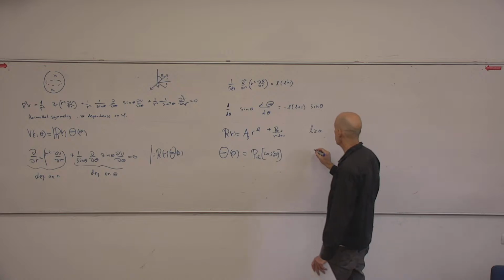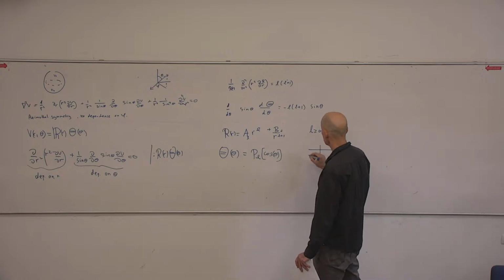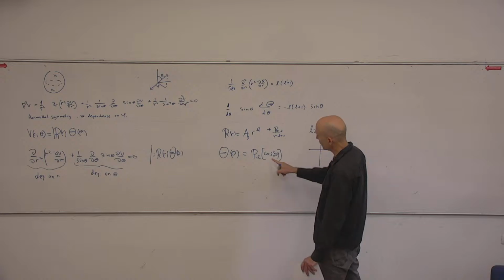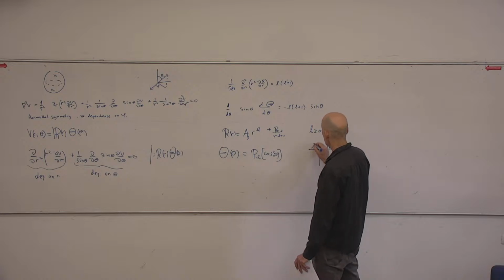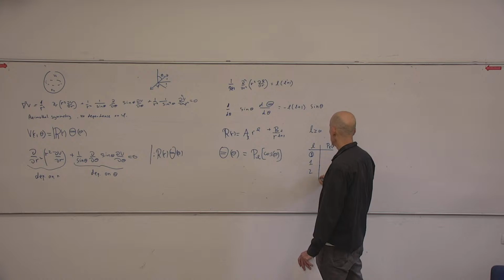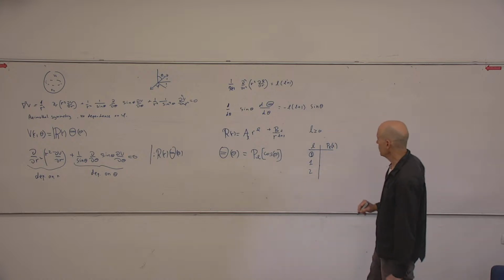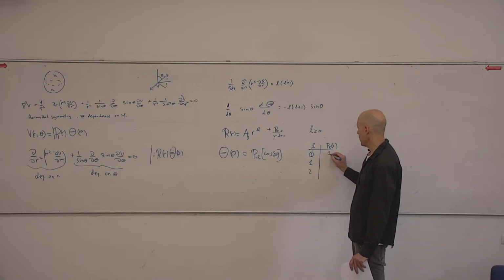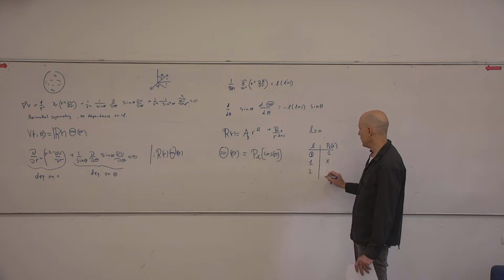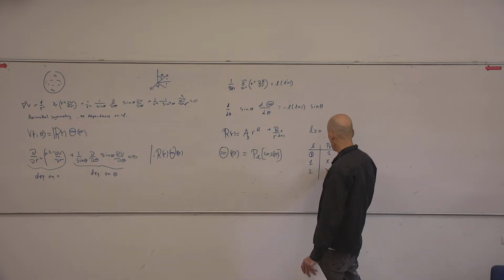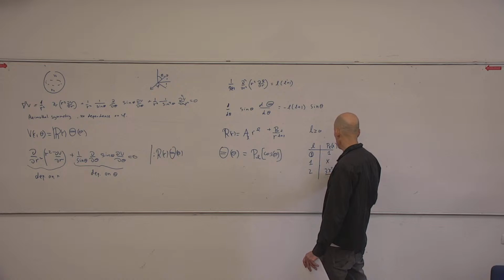And what is P_L of x? So x is cosine theta. So this is L. So if L is equal to 0, 1, 2, for example. If it's 0, what is it? It's 1, and if it's 1, it is cosine, and then it is something like (3x² minus 1) over 2.